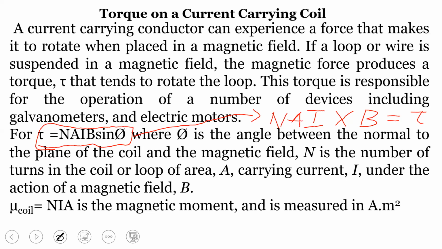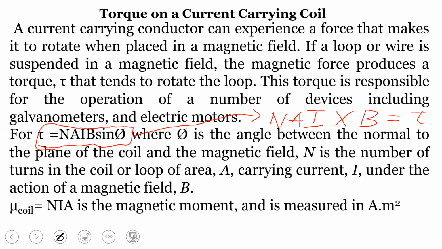N is the number of turns in the coil or loop of area A, carrying current I under the action of magnetic field B.